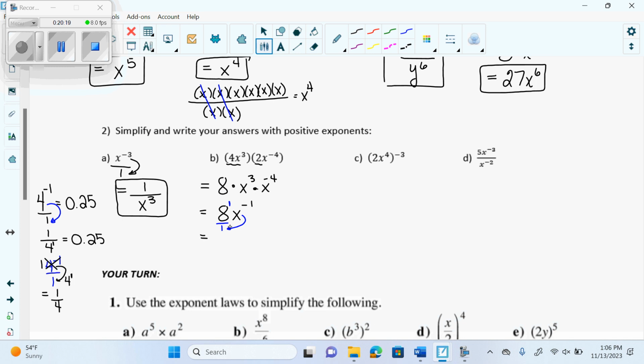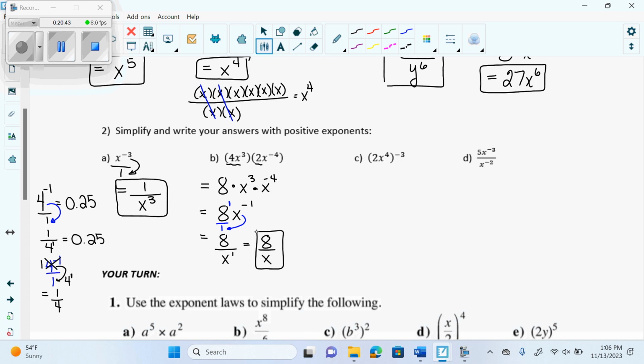Is it like that? No. So the only thing I have to move is this x. So I'm going to get 8 over x to the positive 1, which is technically just 8 over x. Do you see how I did not move the 8? The 8 did not have a negative exponent. Yeah.